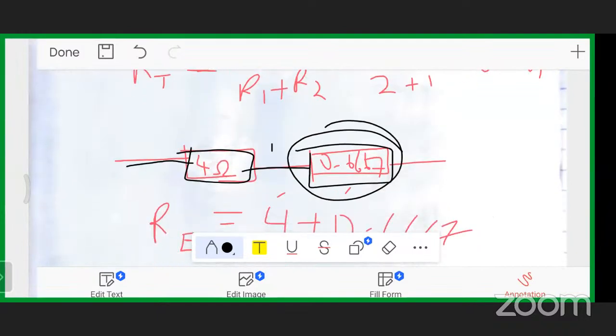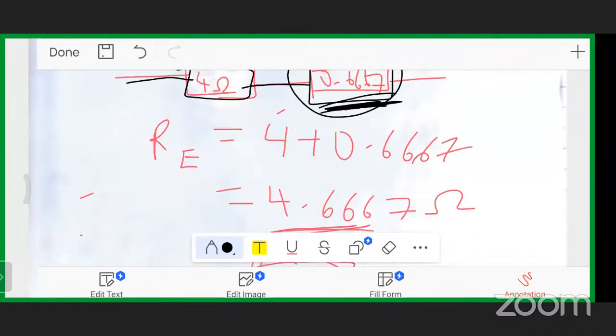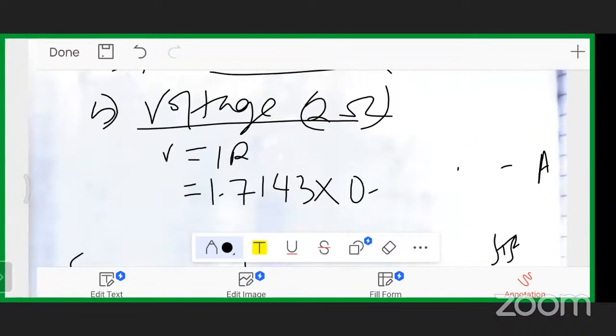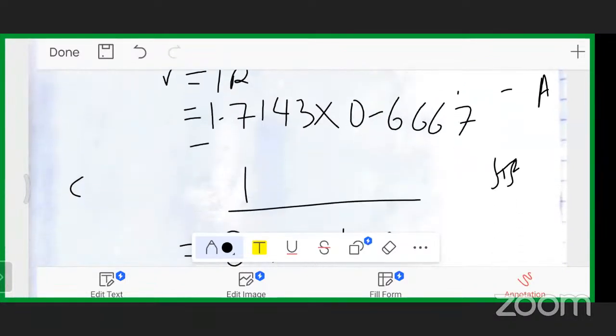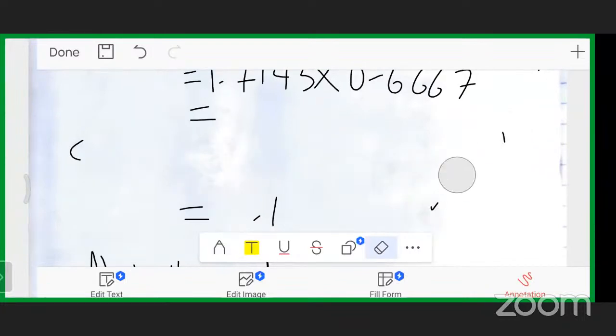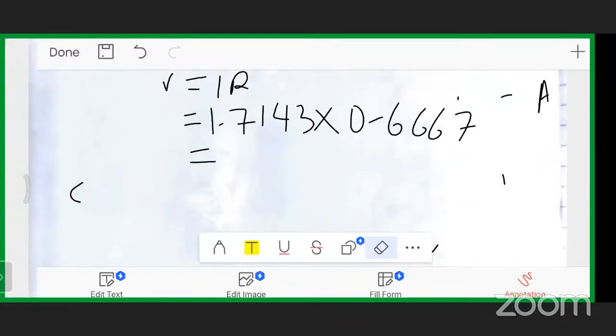So you use the effective resistance of 0.6667. That is how you get the voltage drop across them. So if you compute that, you will get one.